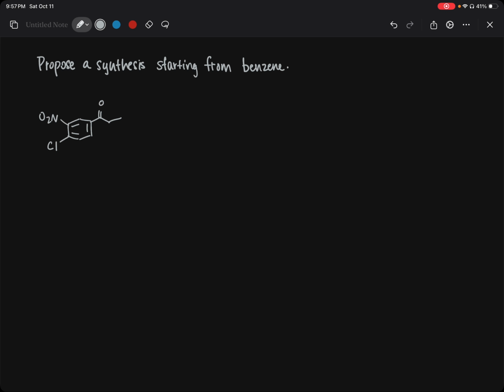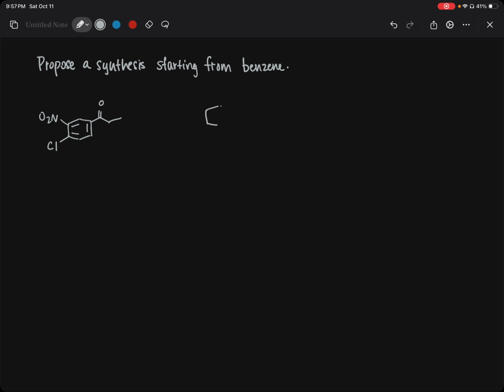But before we do that, why don't we review the specific reactions we're going to use to put on each of these groups. So let's say we're going to start from benzene and we want to put on each group individually onto a separate benzene ring. I guess we'll take the chloride first.